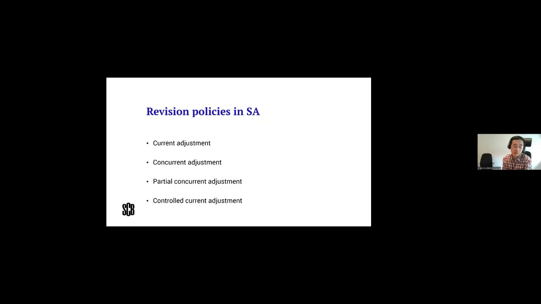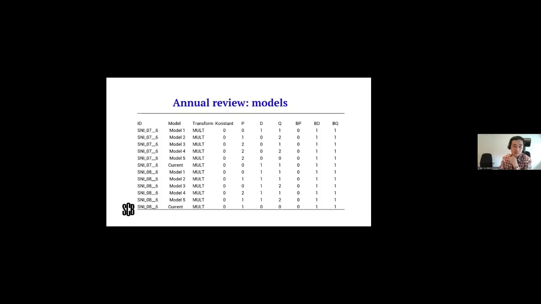This practice is a good trade-off between accuracy and revision errors. It's why Eurostat recommends this choice. So in our office, common practice during an annual review is that we try to find different models.